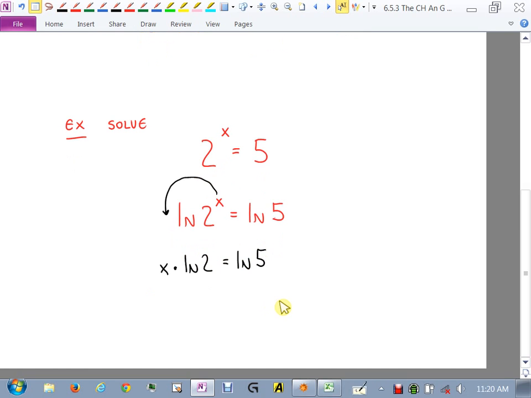And now divide both sides by natural log 2. And what do you get? Well, you have to do that on your calculator, right? Now, I did not use the change of base formula here, okay? But you can see that this is going to pop up a lot. This is the way we go about solving exponential equations. We try and drop that exponent out. Approximately 2.321.